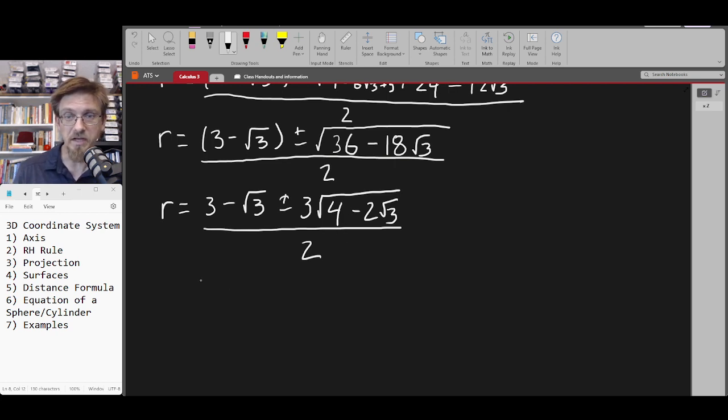So then you would just fill in the equation of a sphere with that r value, and definitely not very nice. We should probably see whether or not we need the positive and negative side.